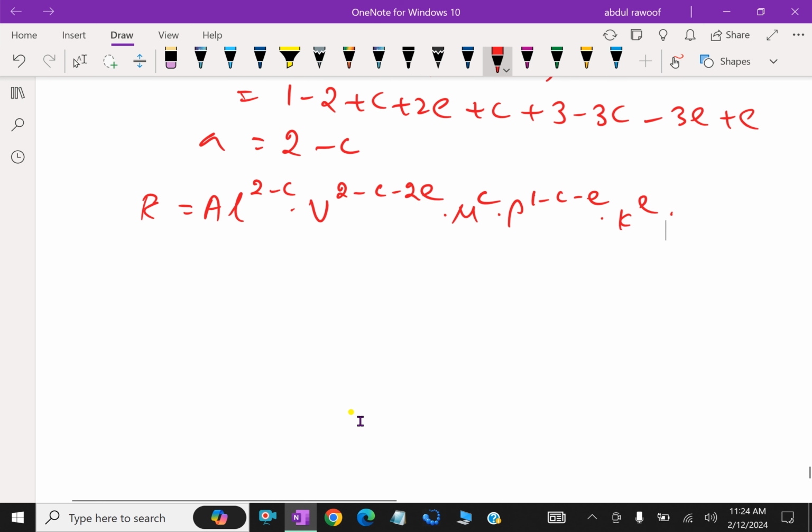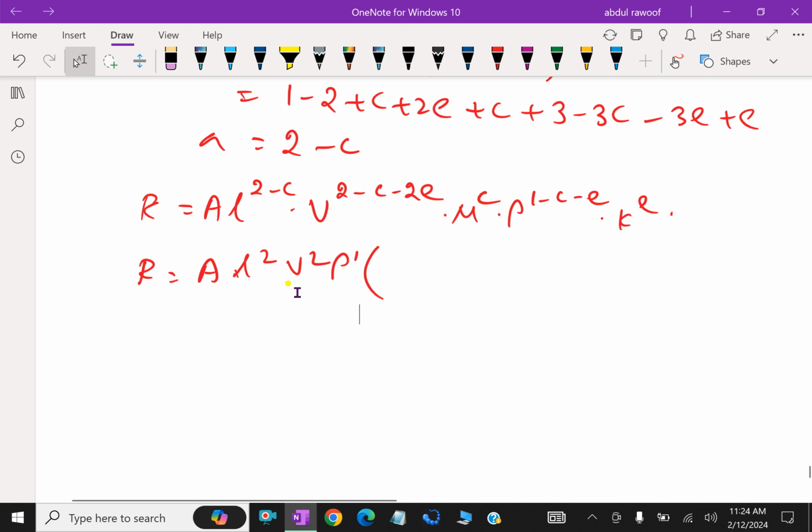Collecting the same base: R equals A times L squared, V squared, and rho power 1.